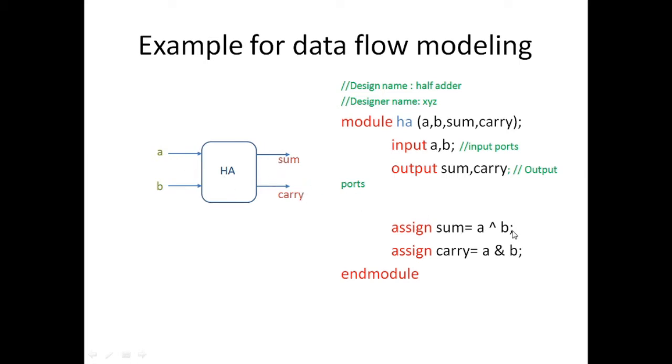Sum is nothing but a XOR b, and assign carry equal to a ampersand b. Here I am not instantiating and connecting every gate. I am just writing the logic, how the data is flowing from inputs to outputs. That's what I am concentrating on.